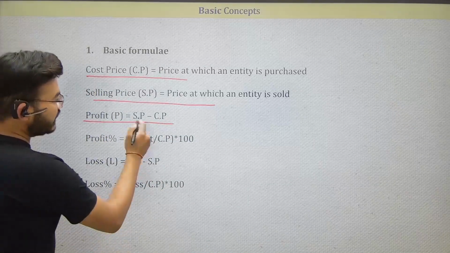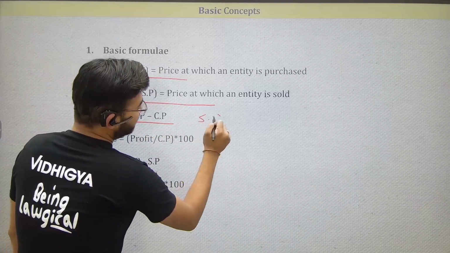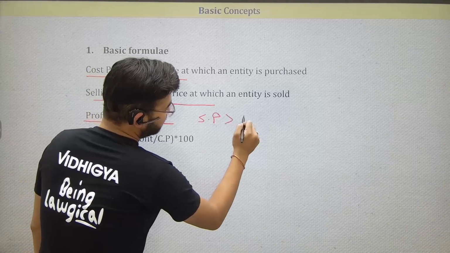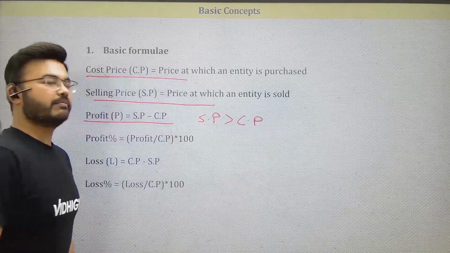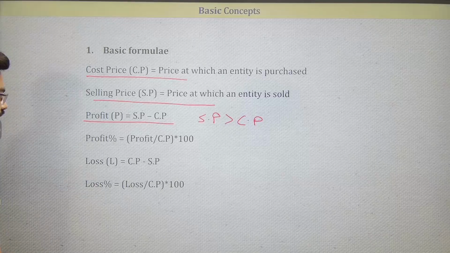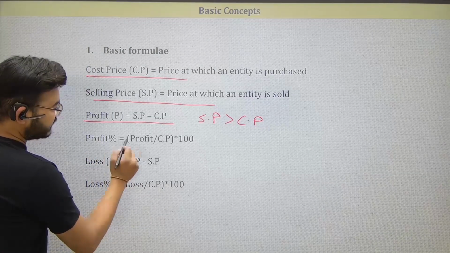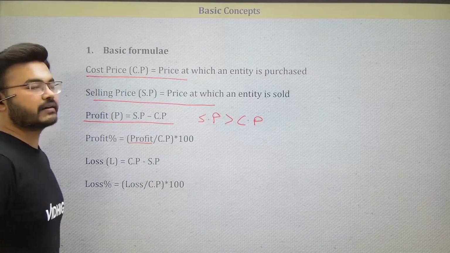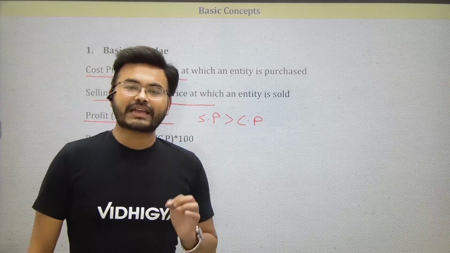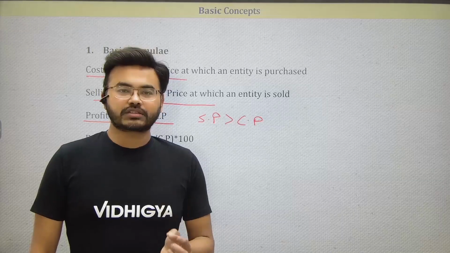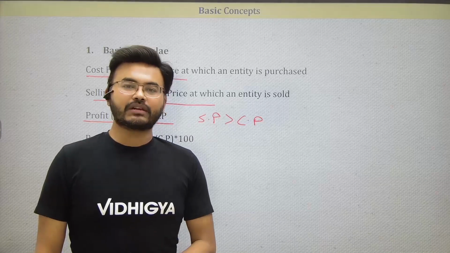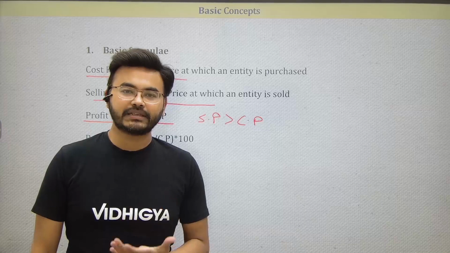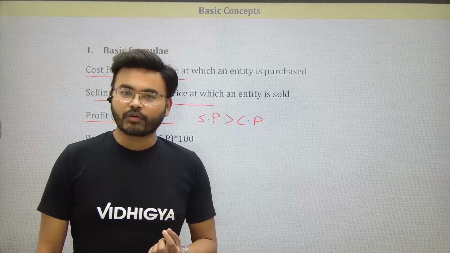Now you will only have profit when your selling price is greater than the cost price. We calculate the profit percent using the formula profit upon cost price into 100. That is, profit is calculated on cost price. We need to consider cost price as our base in order to calculate the profit percent.